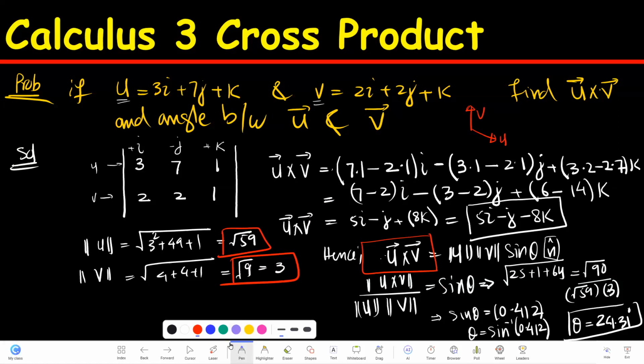N would be this, perpendicular to this and perpendicular to this. Again, n is perpendicular to u and perpendicular to v. So this is n. We don't need to write n because we know this vector is 90 degrees to both u and v.